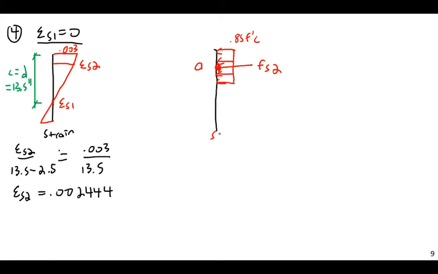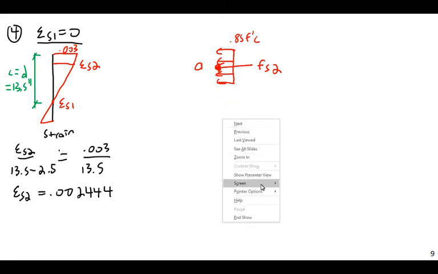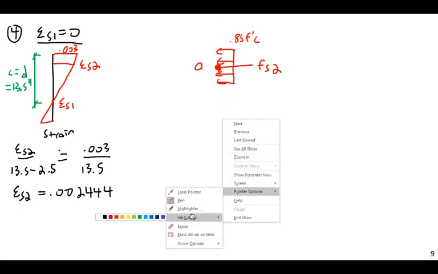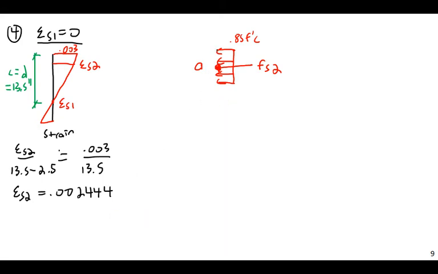And so this would be our stresses. We're just going to do the same thing we've done before, where we start with strain, we see what kind of stresses those produce, and then we see what kind of point loads, and then we balance them, etc., etc. Just like we always do.